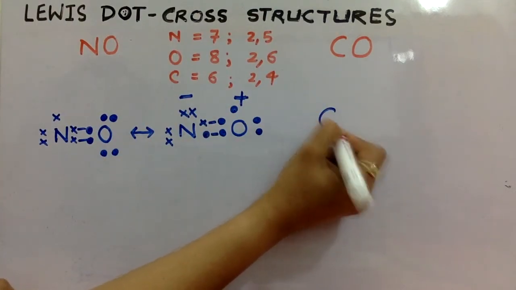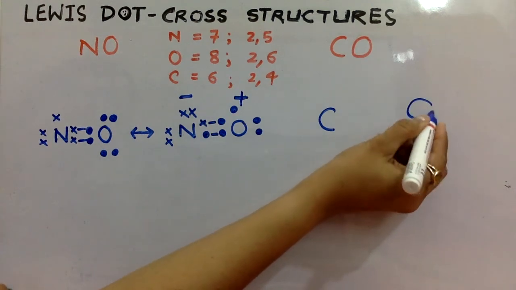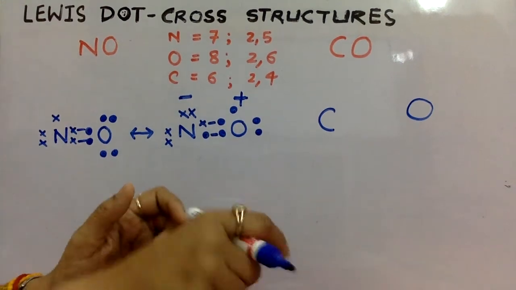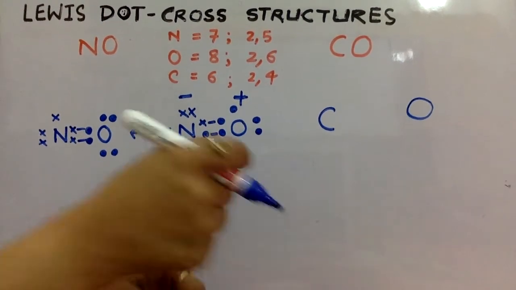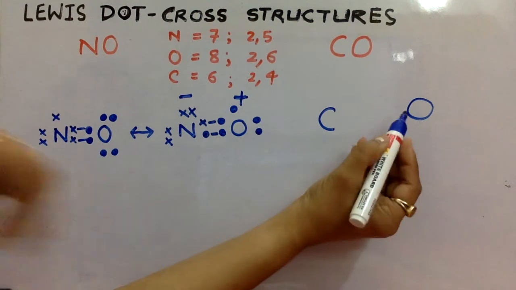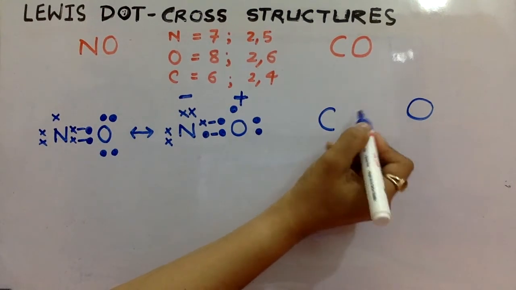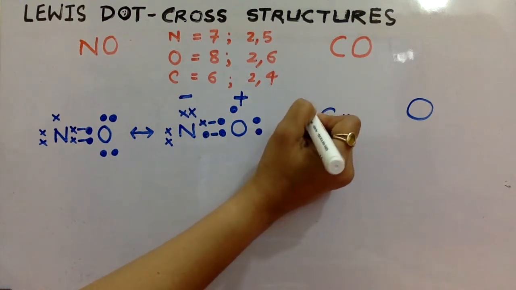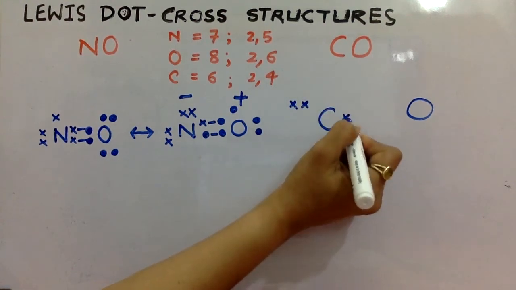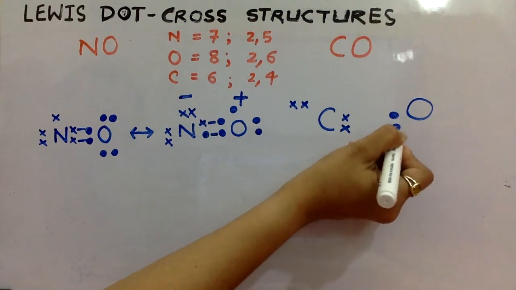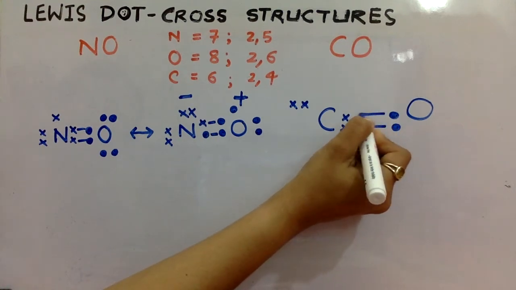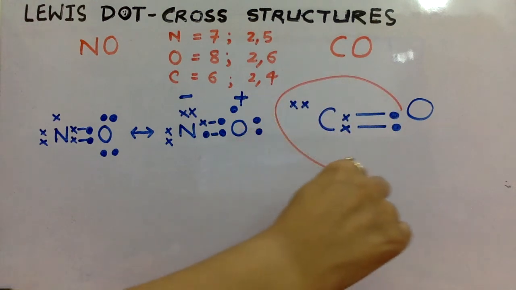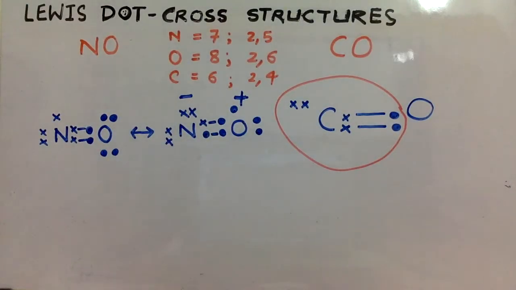Now carbon monoxide. Quite interesting. Very, very interesting example. Let us see. The carbon has 4 in the valence shell, of which 2 of them take part in bonding with oxygen. But when we do this, carbon octet is not complete, it has only 6.